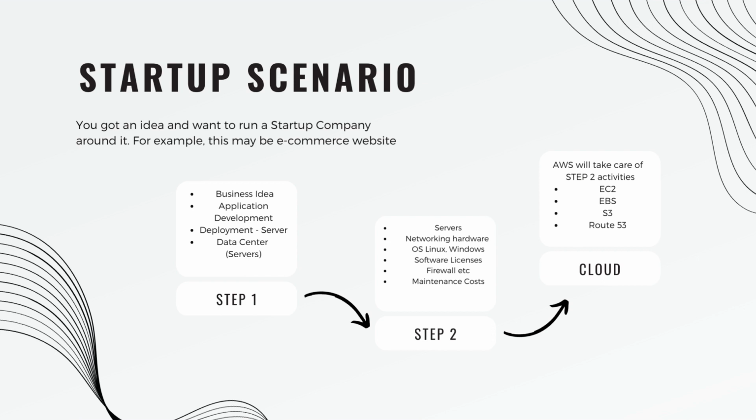In the next step, we have to think about how to deploy the application on the servers. We have to identify server capacity, networking hardware, and the OS of these servers, either Linux or Windows.